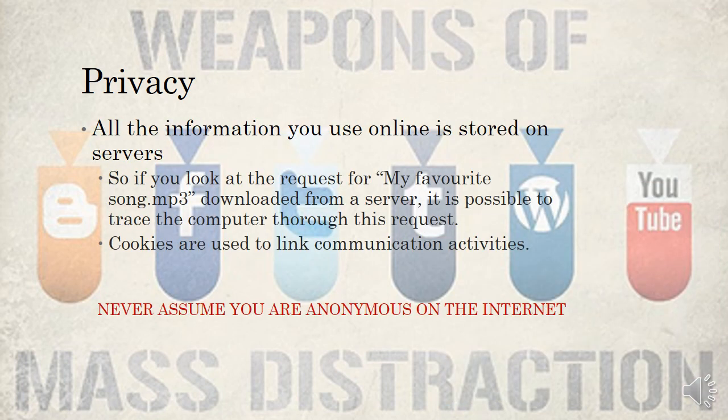All the information you use online is stored on servers. So if you look at the requests like my favorite song.mp3 downloaded from a server, it's possible to trace the computer through this request. Cookies are used to link communication activities. Never assume that you are anonymous on the internet.